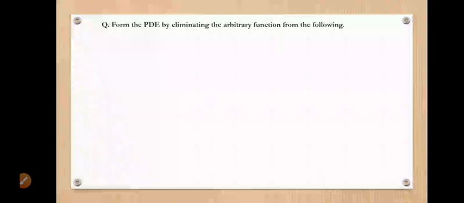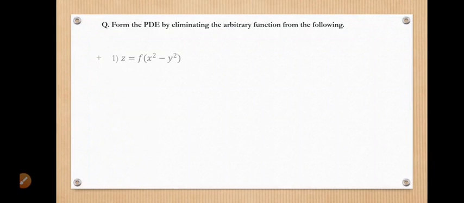Now we will see the formation of PDE by eliminating the arbitrary function. So the question will be like this: form the PDE by eliminating the arbitrary function from the following. First example, z equal to f of x square minus y square.